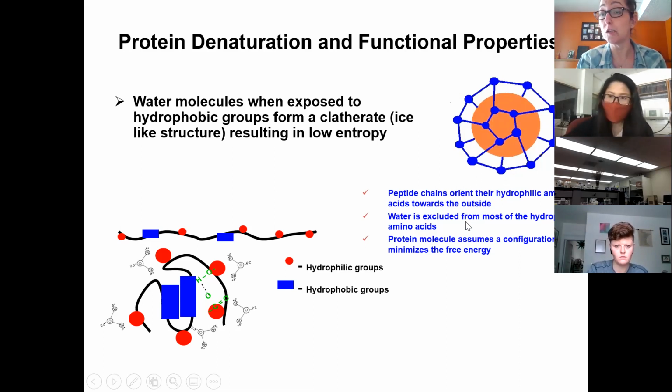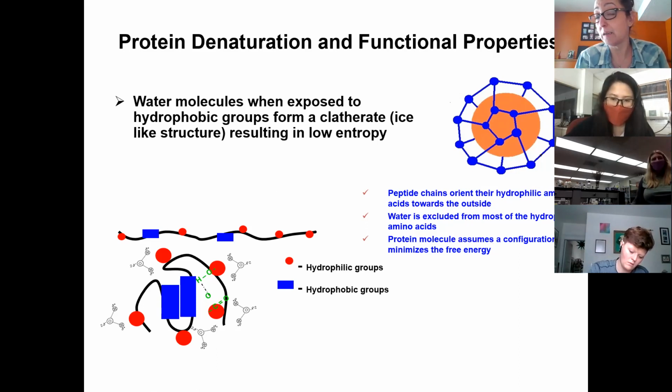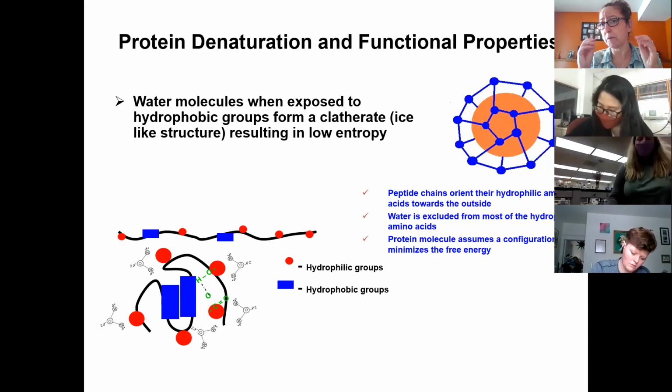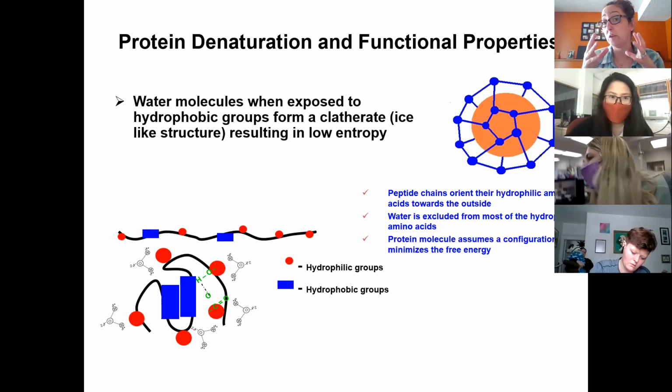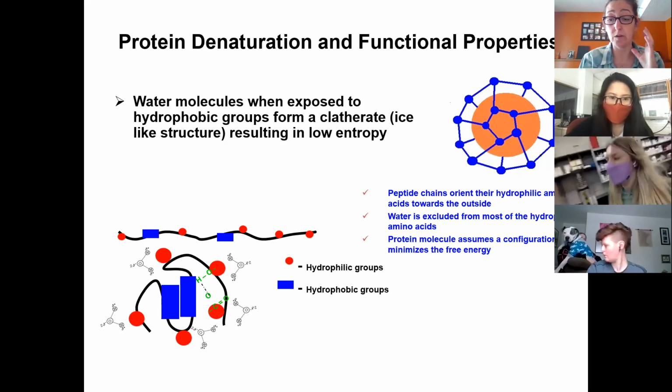The protein assumes its most stable form, and water is excluded from the hydrophobic regions. Other bonding occurs: hydrogen bonding, ionic, and hydrophobic between the residues, and the protein assumes a configuration that minimizes the free energy.